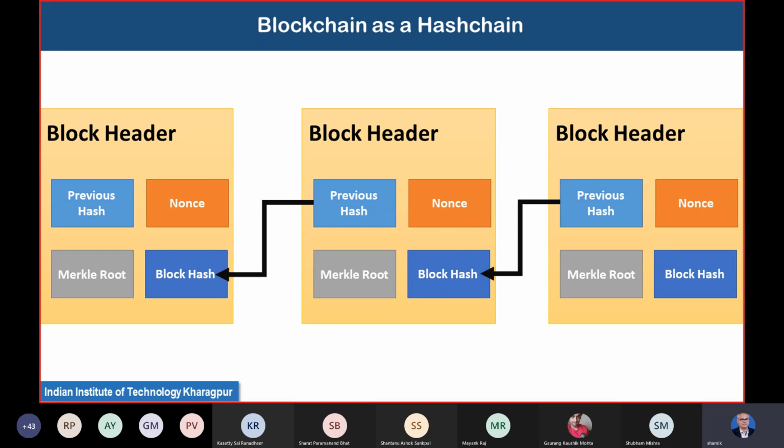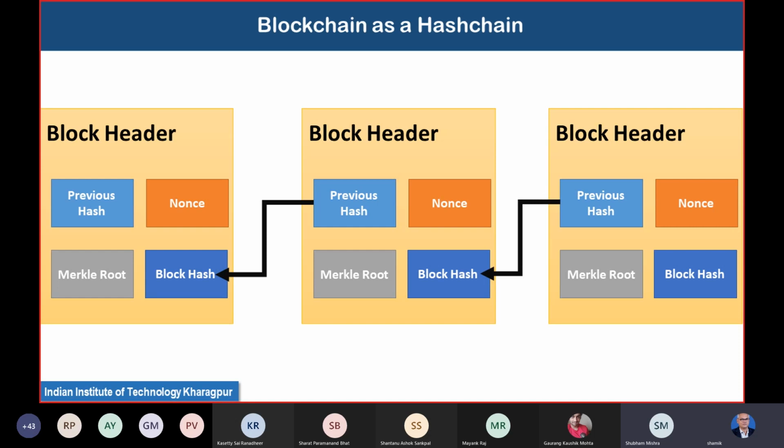If somebody wants to check whether this block is correct, one can always check that the block hash being shown here is not the correct block hash for the new Merkle root. It was correct for the old Merkle root. Now, in order for the attacker to go undetected, the attacker will have to change this block hash as well, and while changing it, will also have to ensure that the property remains satisfied. Are you with me up to this?